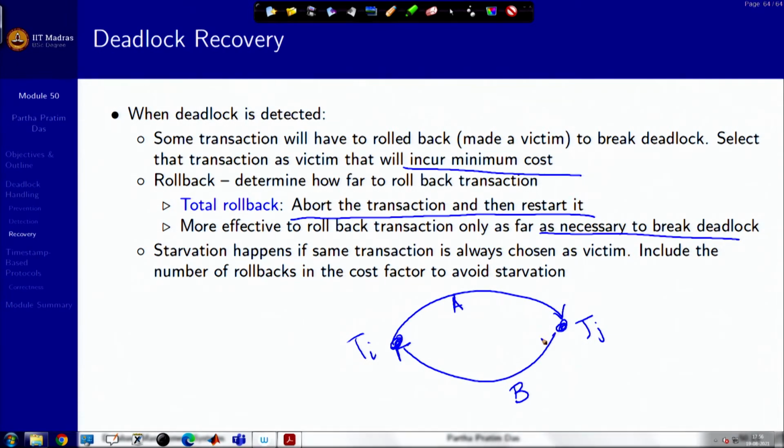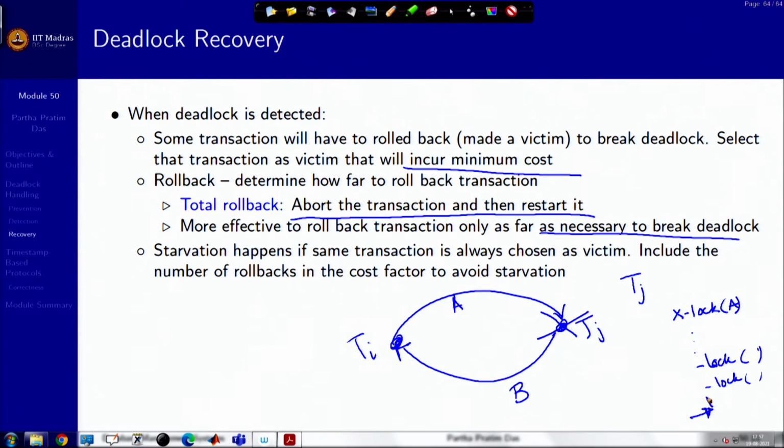So, if I decide to roll this back, then in T j there will be some point where I have x lock A or S lock A, and then there may be several other locks on several other items, and this is the point where actually you have found the deadlock.